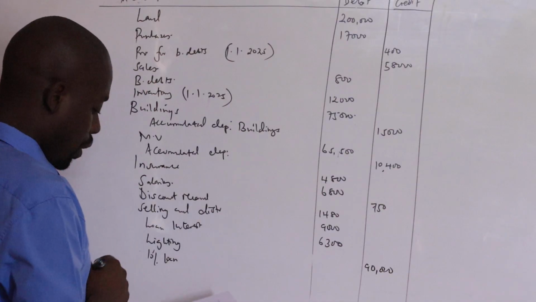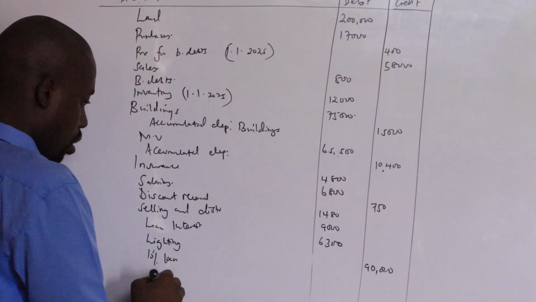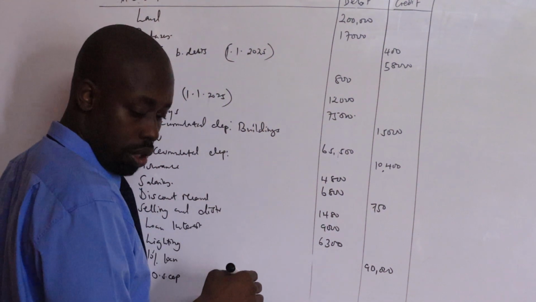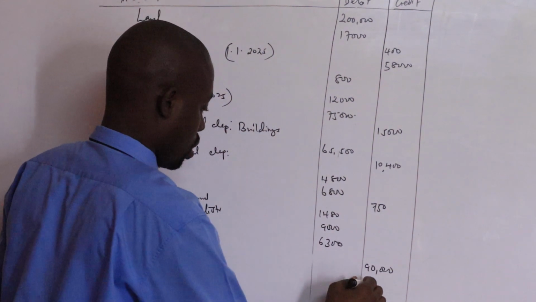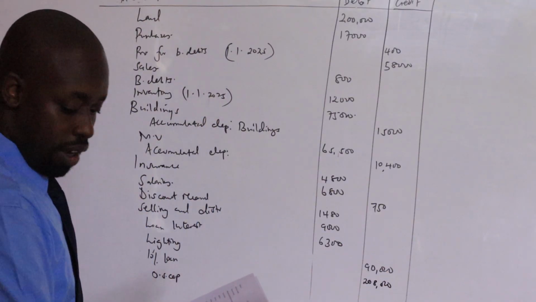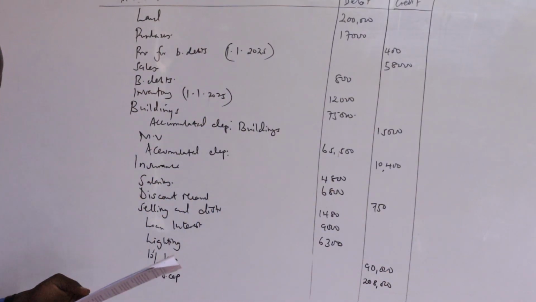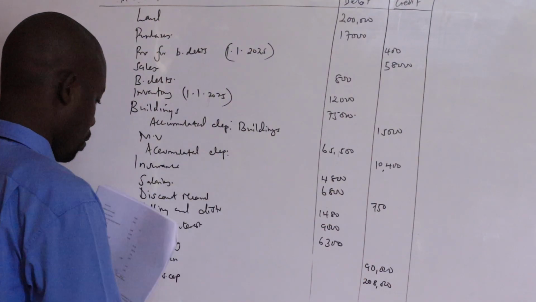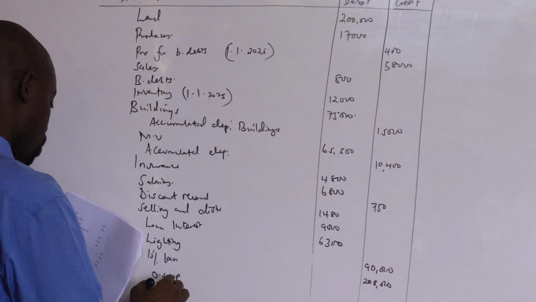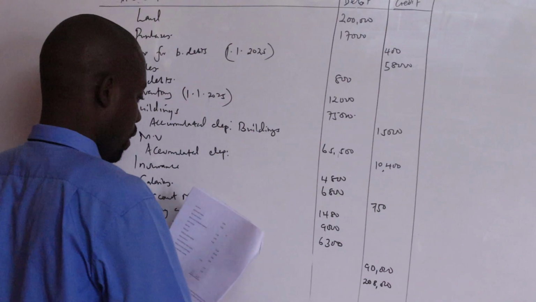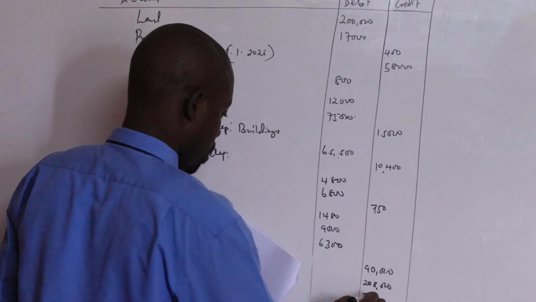Then ordinary share capital is 208. Next we have share premium, is 7,000.